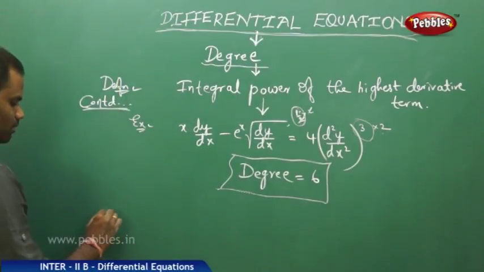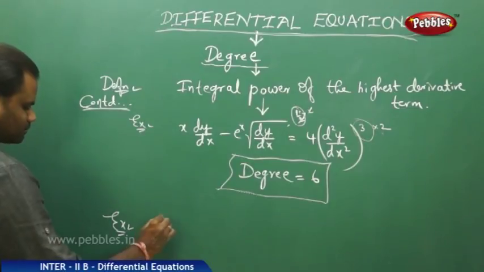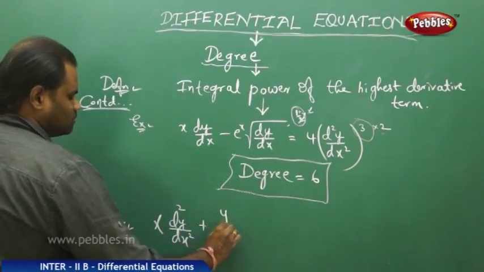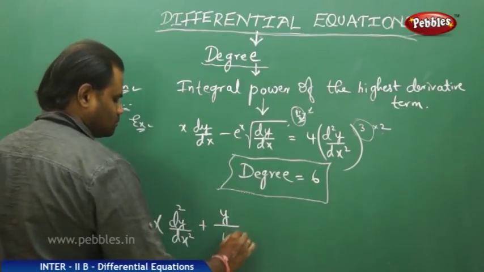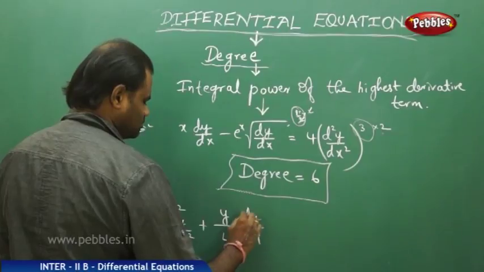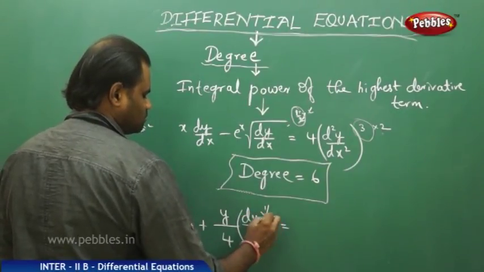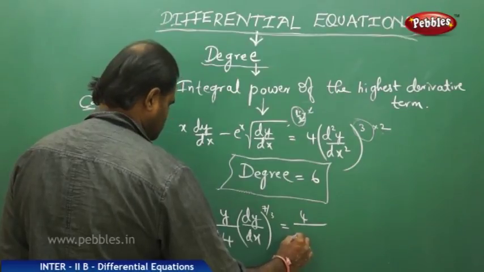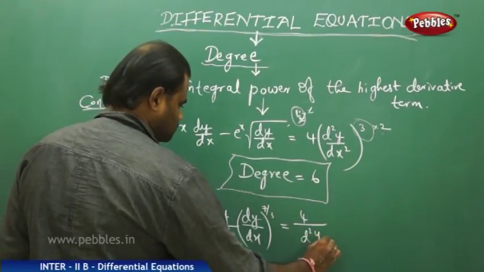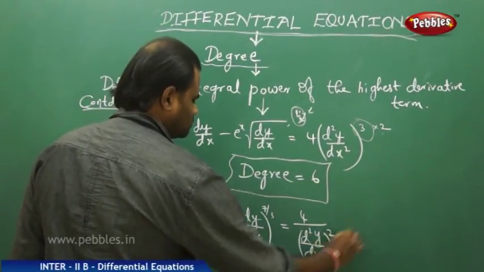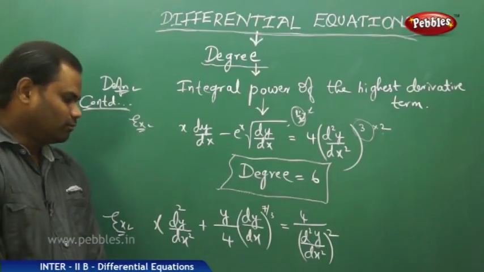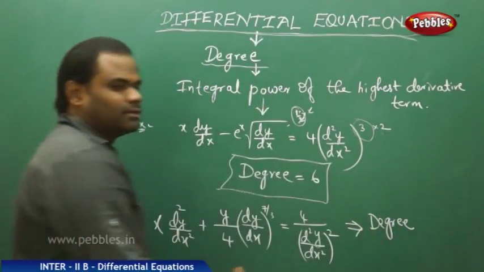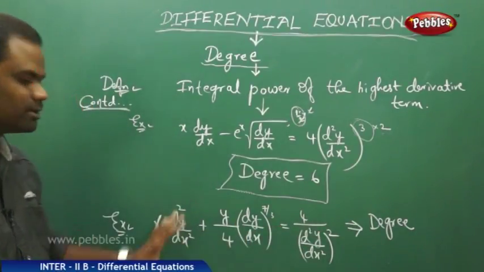Let's try one more example problem. So this kind of a problem where we try to find the degree, we just take this to the numerator by cross multiplication.